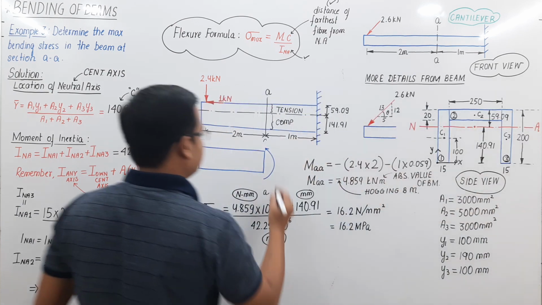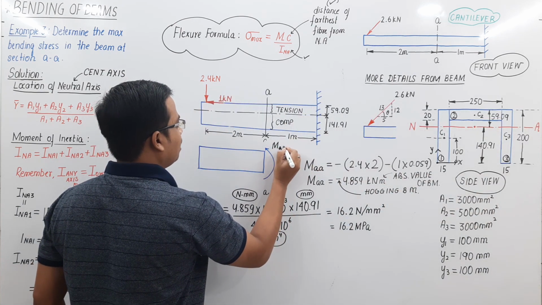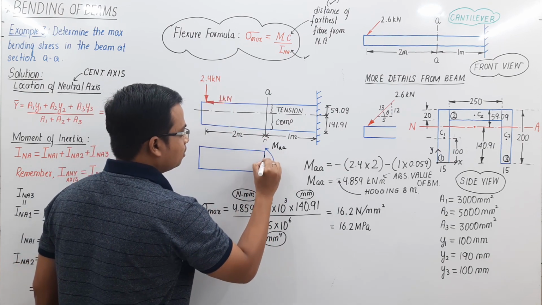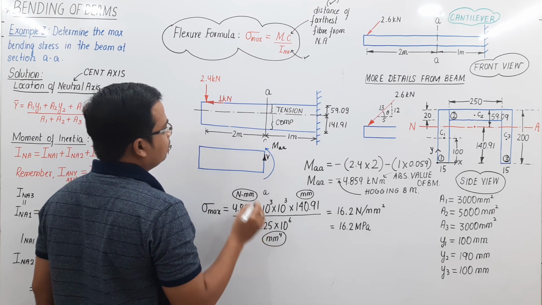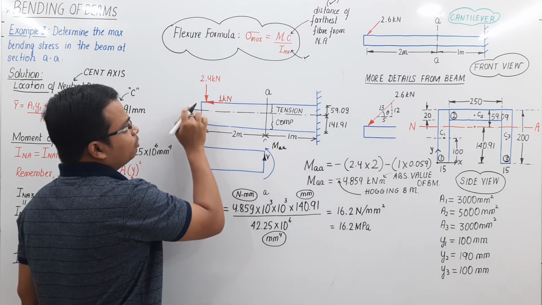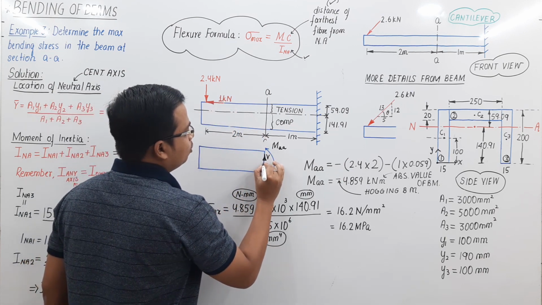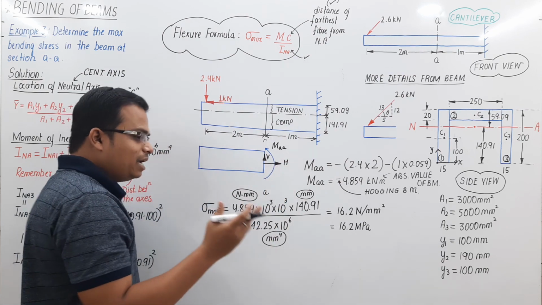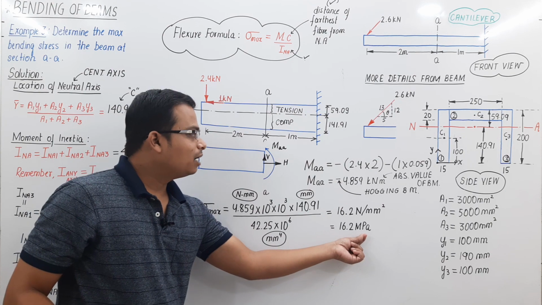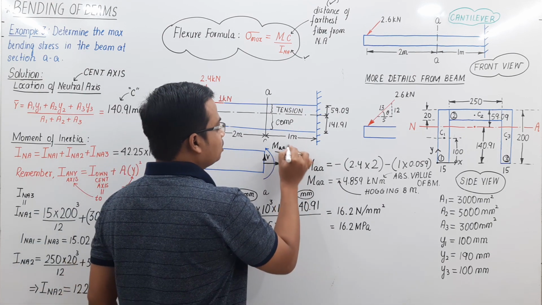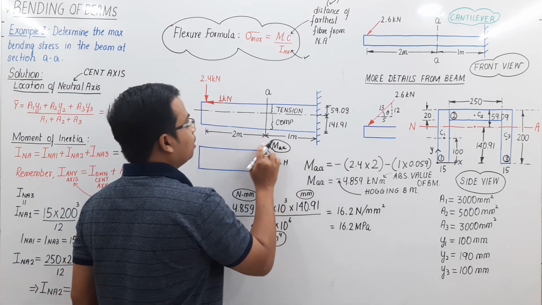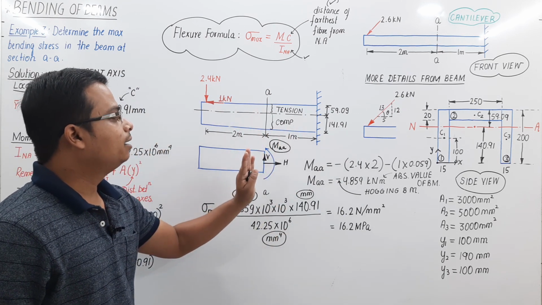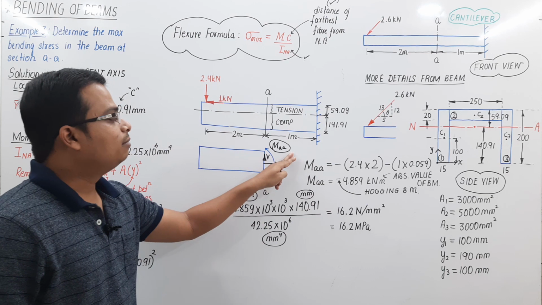So this is the bending moment, M. There is going to be some shear force in this cross section, let's call this V. If this 1 Newton is acting over here, then at this cross section there has got to be a horizontal force acting in this fashion. Now guys, what we have calculated, this 16.2 megapascal, is purely because of this bending moment at this cross section AA. Bending stress because of this bending moment.